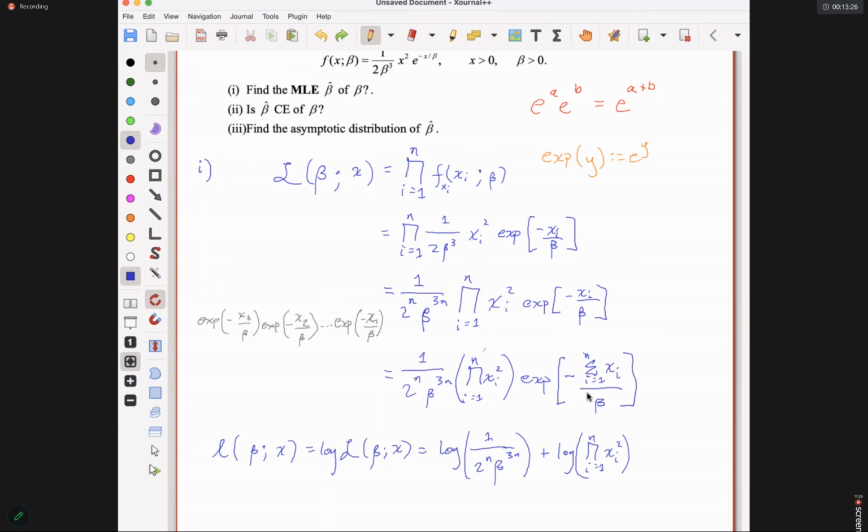I mean, not exactly that way, but I take the log of this. Remember that this is all an exponential here. So the log just makes that go away, and I have minus the sum of the xi's divided by beta.